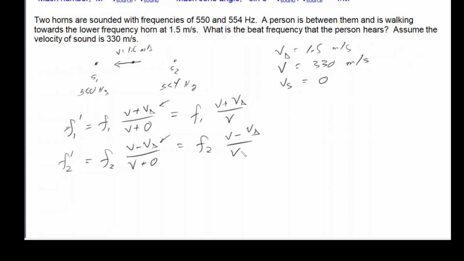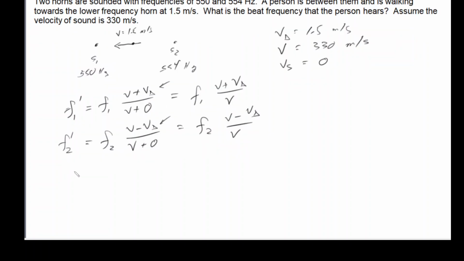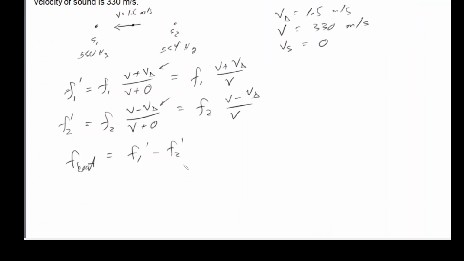So our beat frequency is equal to f1 prime minus f2 prime, which is what the person hears. So we can put that in. That's equal to f1 times v plus vd over v minus f2 times v minus vd over v.